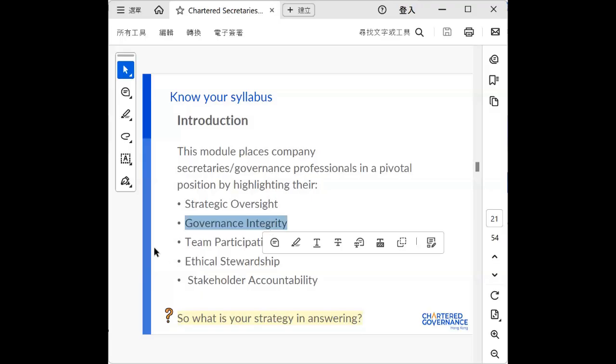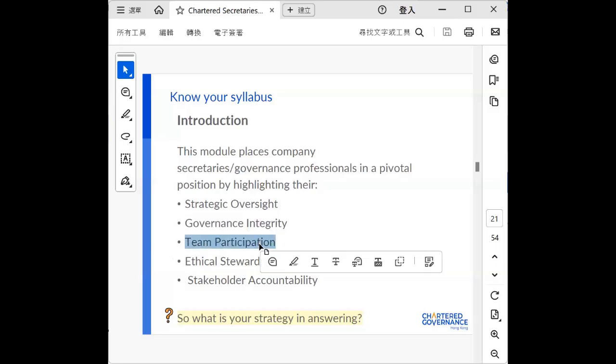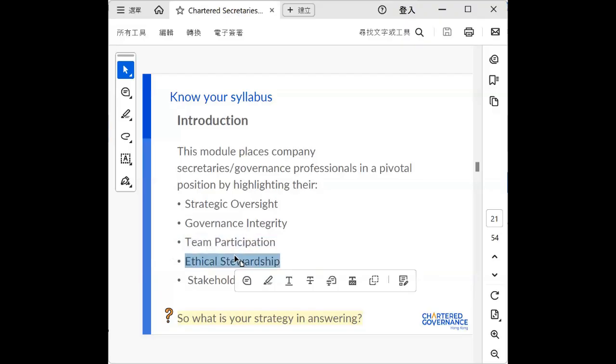And because you're a company secretary, communication is very important. As a key member of the senior management team, they have very strong influence in the strategy development. And you have to address the ethical issues and the moral implications when you execute your strategy. And also you have to promote transparency and trust through good governance practices.